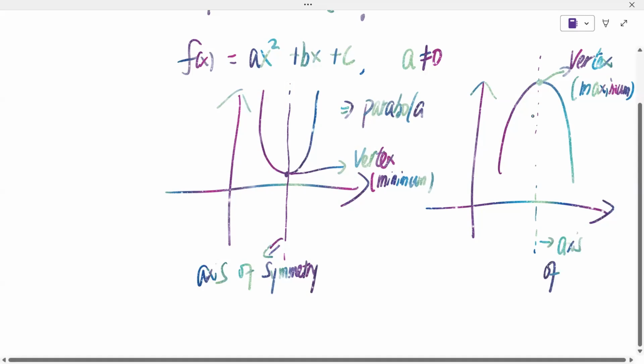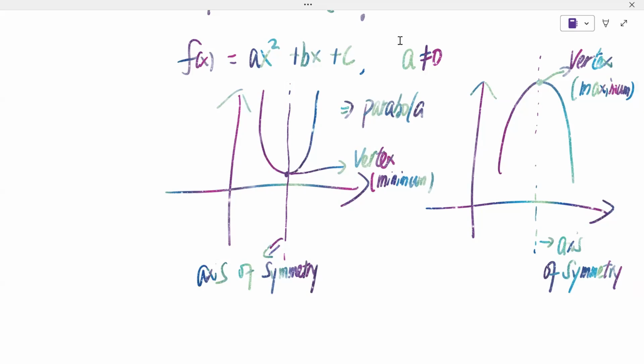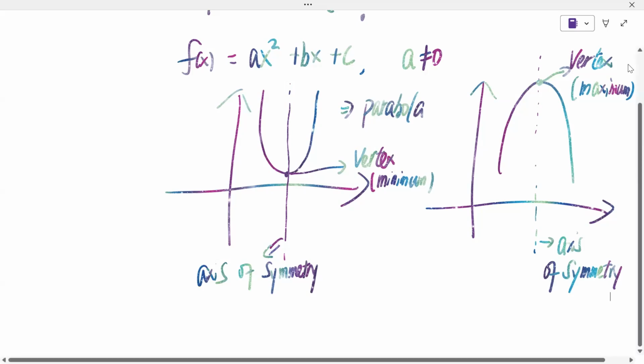So this is the most important thing about the symmetry line, right? The symmetry line gives us a perfect mirror image in this case. Basically, pick a point on the left hand side, and there is a symmetry point on the right hand side.